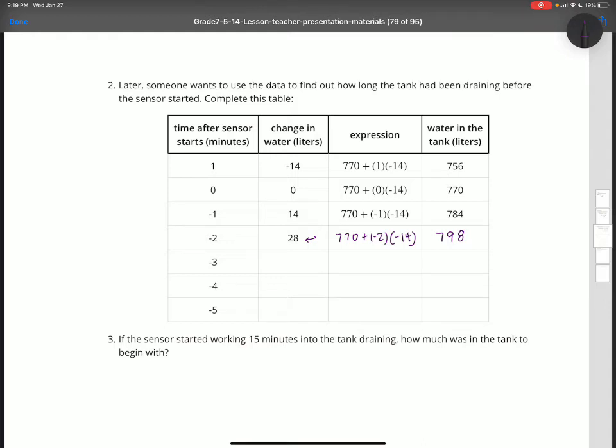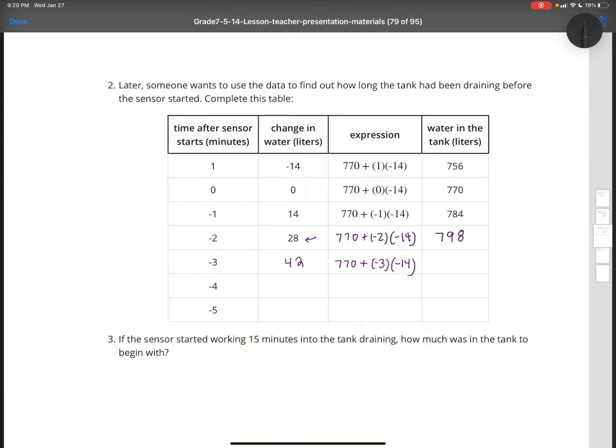So then the next line would be 770 plus negative 3 times negative 14, which two negatives make a positive. All right, that would give me positive 42. Okay, and when it gives me a positive 42, I want to add my answer to 770.